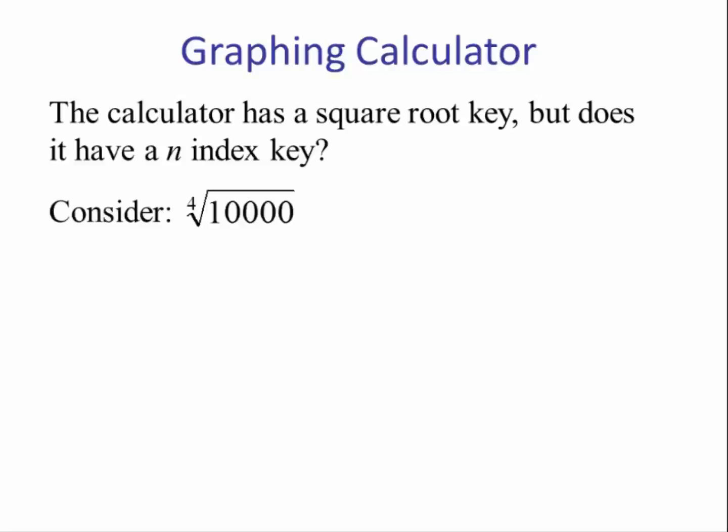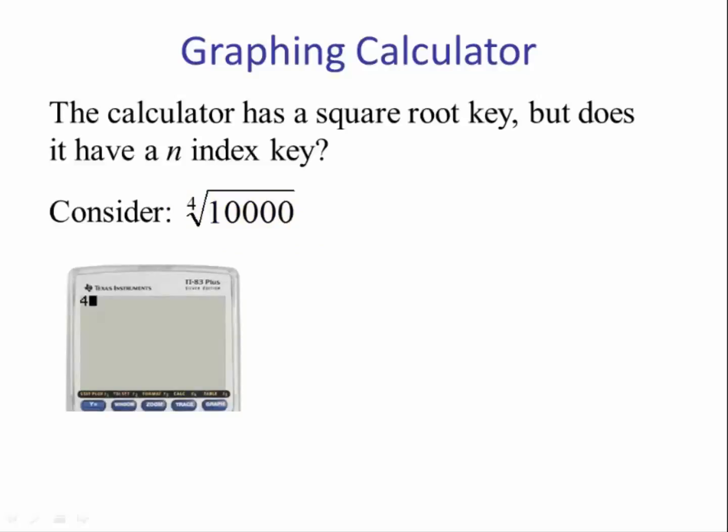Consider the 4th root of 10,000. It turns out that 10,000 is equal to 10 raised to the 4th power. So if I compute 10 to the 4th power and take the 4th root of that, the power and the index cancel. I should get back 10. Let's see that using the calculator.